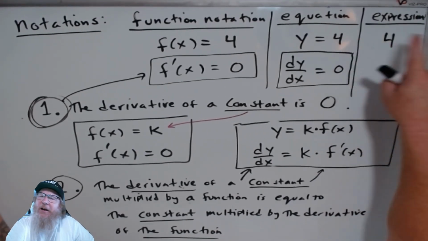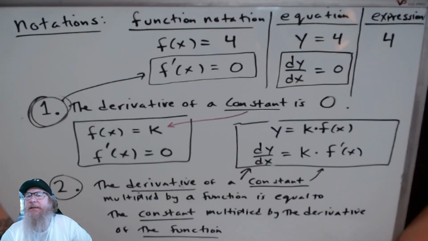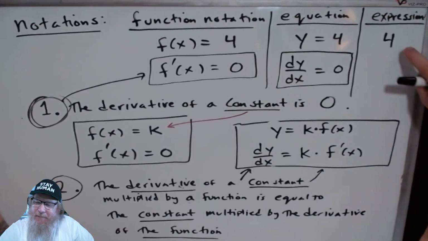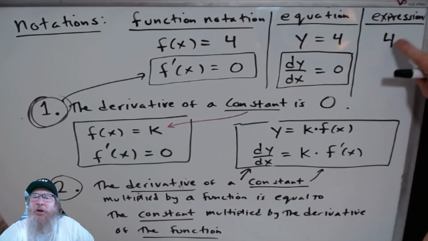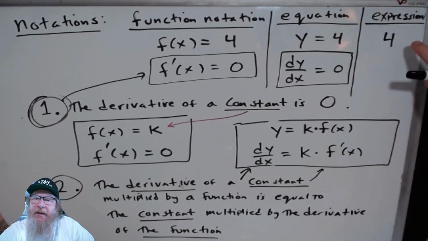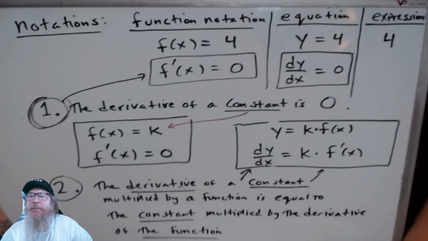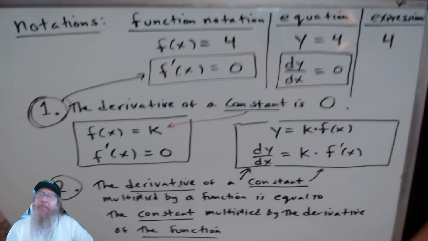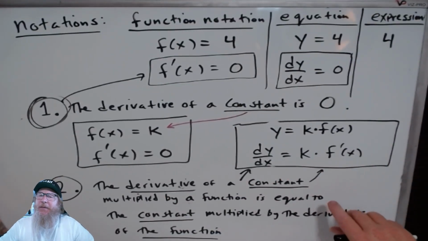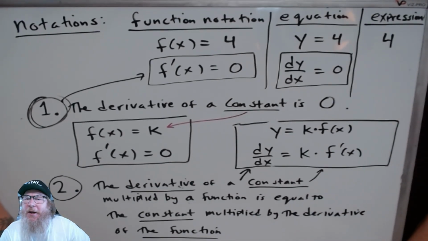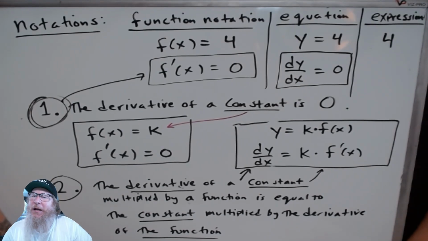You don't have variables on both sides. I guess you could say that this 4 could be a variable, and it will be in a minute. It might be like x or possibly 4x, but so far we only have rule number 1 and rule number 2, and I want to dispense with rule number 1 so that I can take back this real estate and work on rule number 3, which is going to really give us some power.